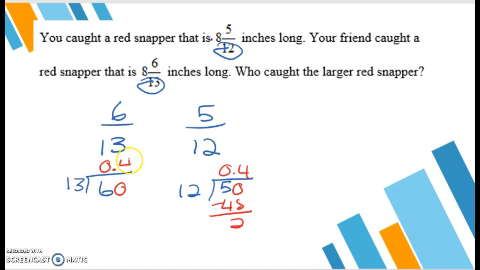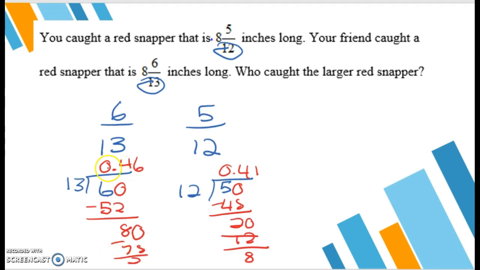That's also going to be 4 times, 52. Left with 8 here. Now I bring down another 0. Bring down another 0. 12 goes into 20 one time. That is 12. 13 goes into 80. Let's see. 13 would go into it 6 times, I believe. Yeah, 13 times 6 is 78.